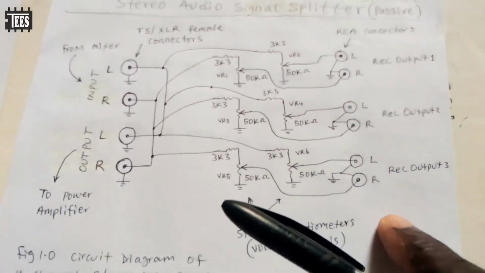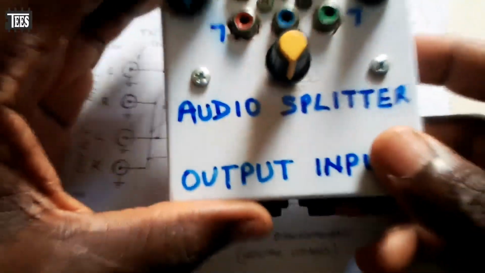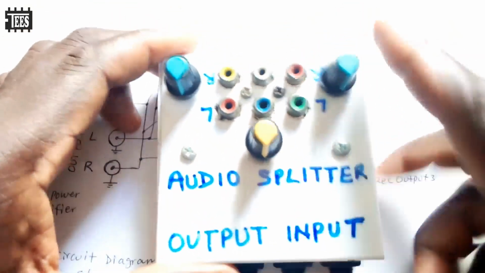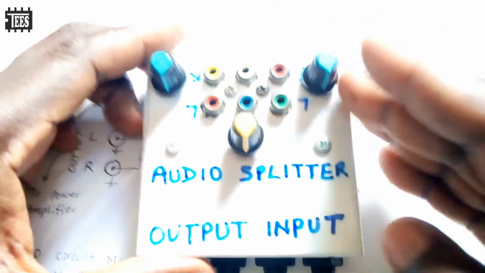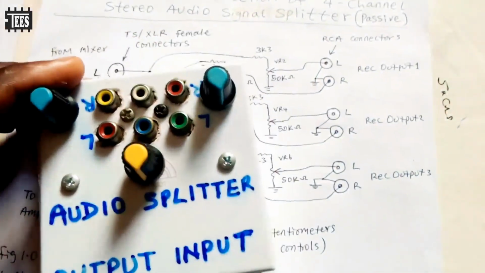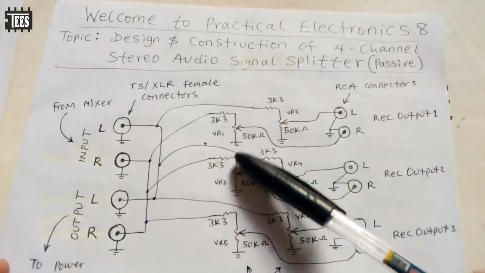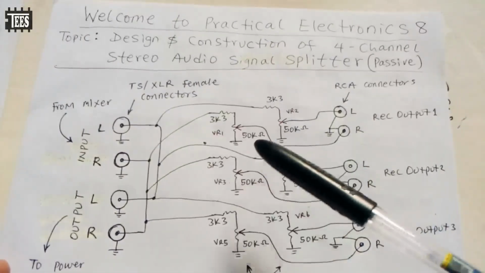Please take a look at the circuit diagram once more so that you can add this. If you have audio equipment that has one output, you can make multiple outputs, even up to 8 outputs. You understand? But in your own case, you can use 4.7K resistors.